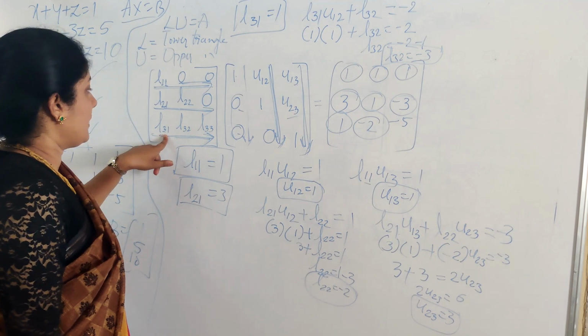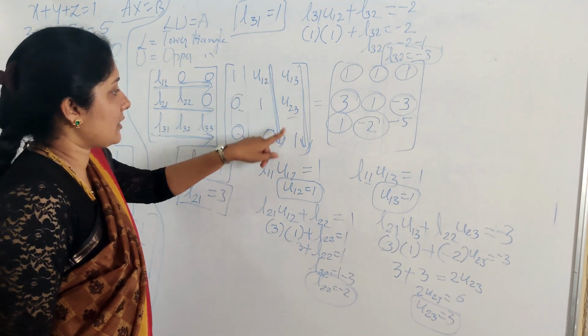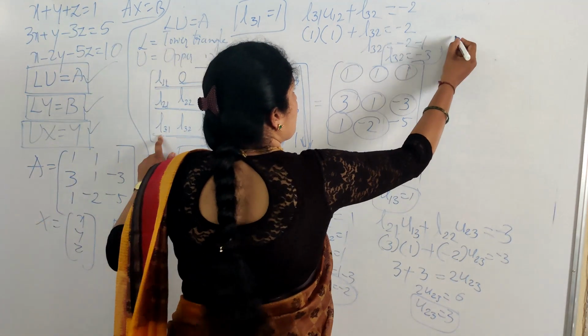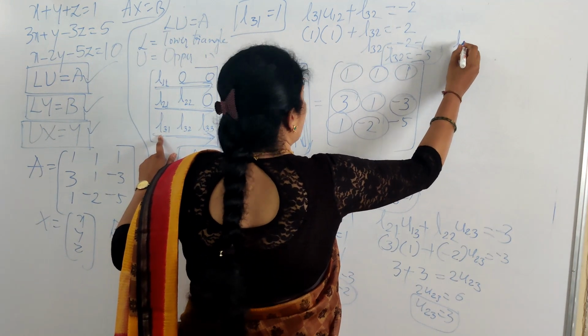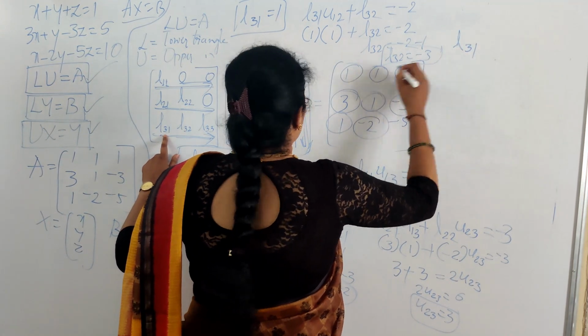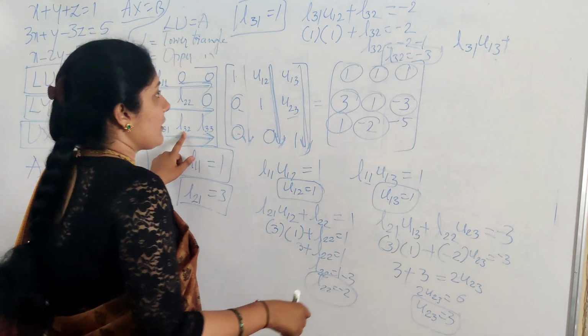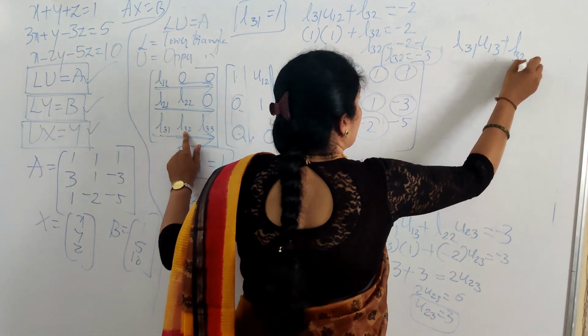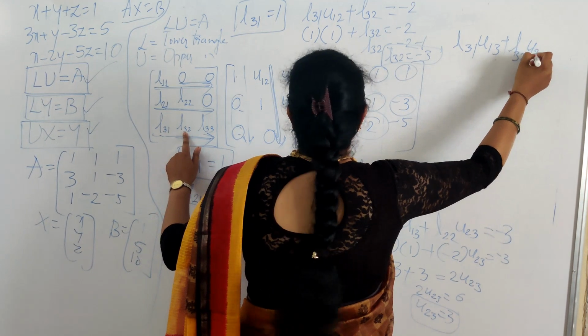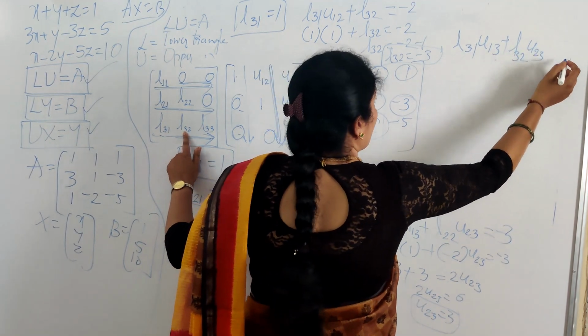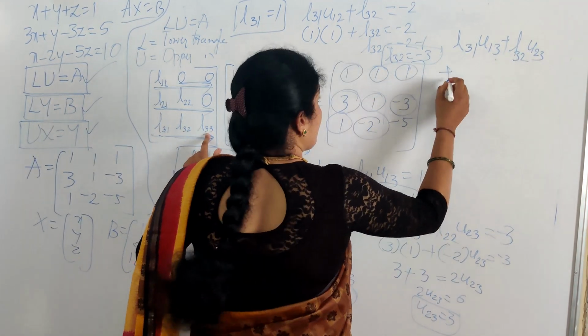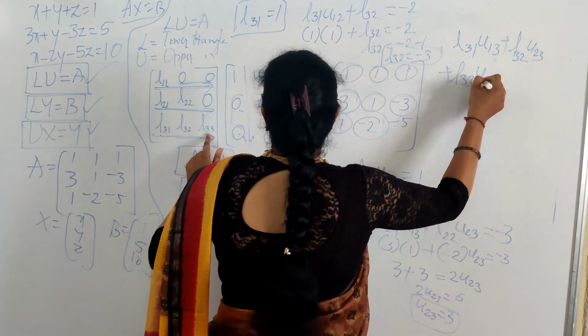Next, third row with third column. So that is L31 into U13 plus L32 into U23, plus L33 into 1.